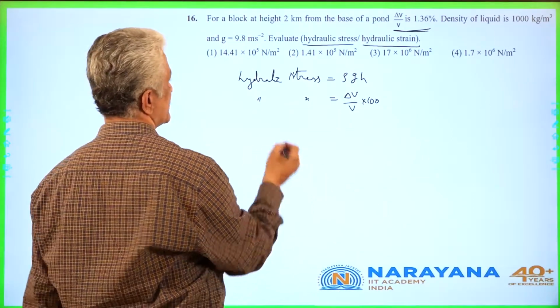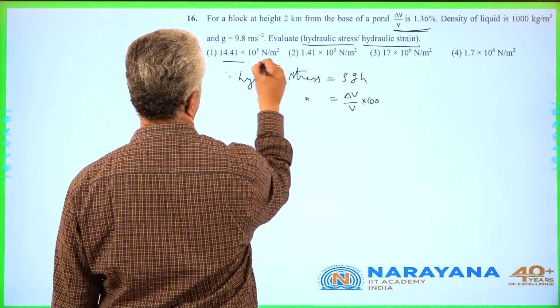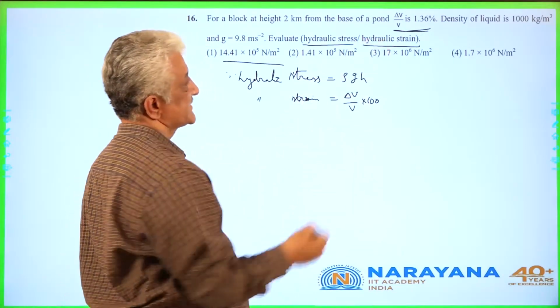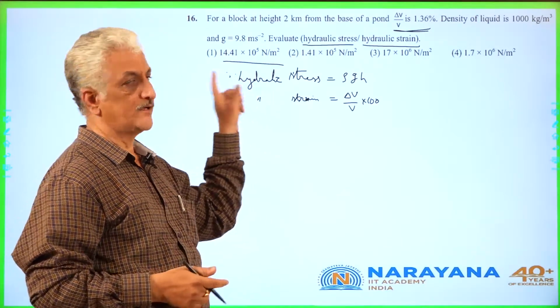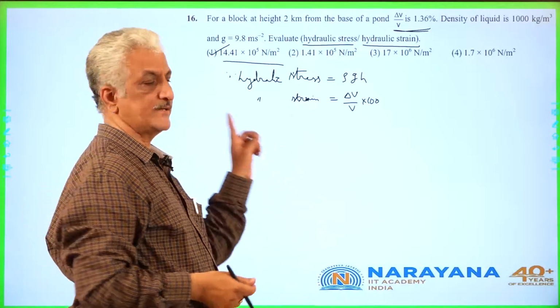If we substitute both and take the ratio, directly we get this value here. You can substitute the values and check this. If we do this, automatically we get the value 14.41 into 10 power 5. So the correct answer is the first one. Number 16.